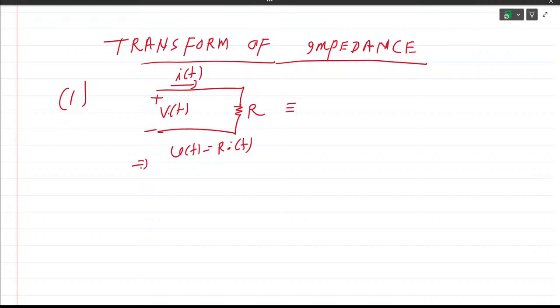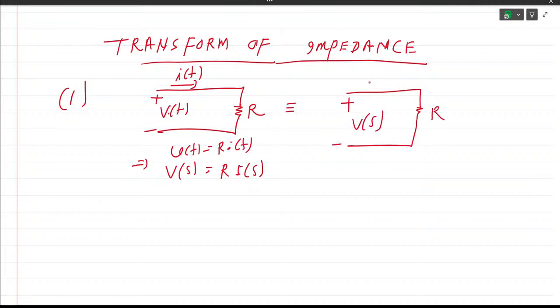When you take the Laplace transform of both sides, V(s) is equal to R, a constant, times I(s). So the transform is simply R, with V(s) and I(s).